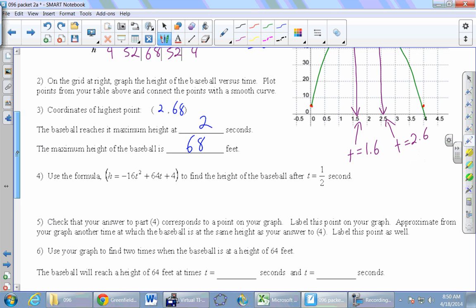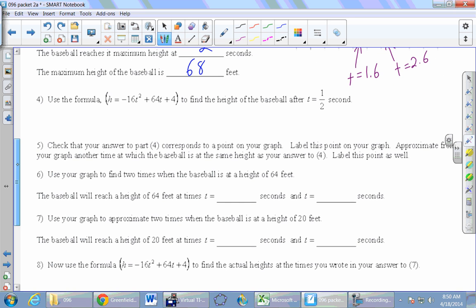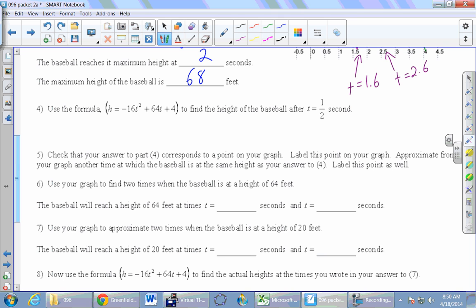And so those are my answers to number 6. It says, when is the baseball at a height of 64 feet? The baseball will reach a height of 64 feet at t equals 1.6 seconds and t equals 2.6. Again, you can put your own numbers in there.